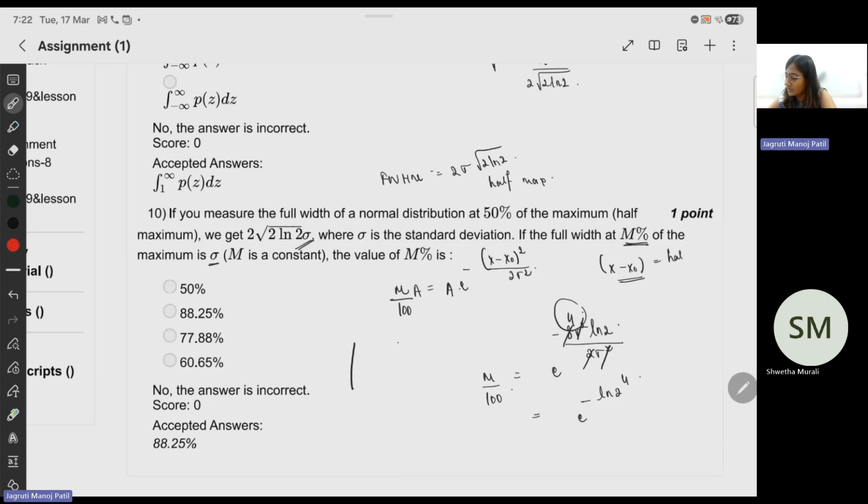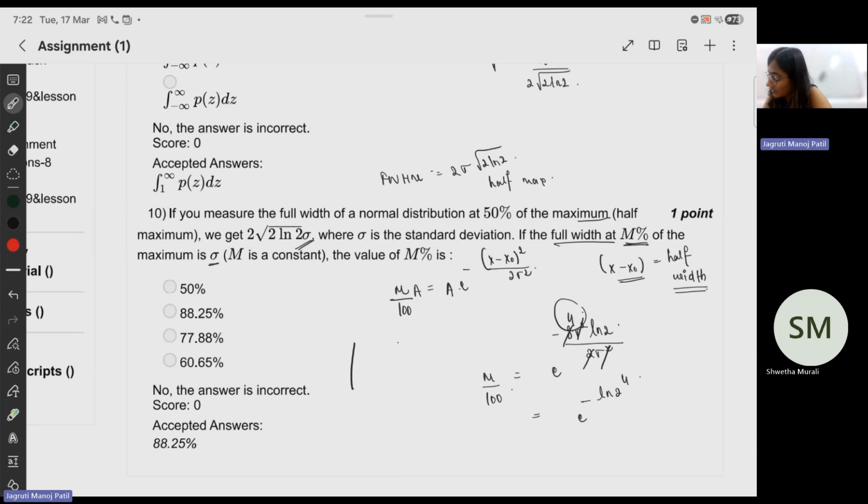That is half width. So since we are equating to its half width, but we have the formula for the full width, we'll have to divide it.